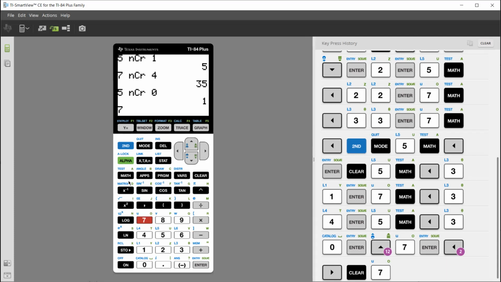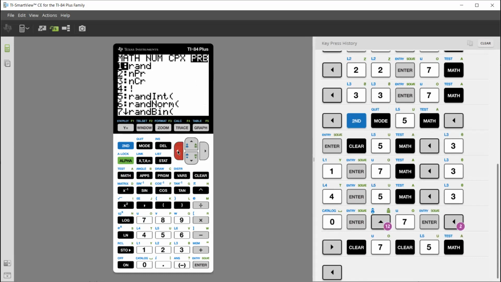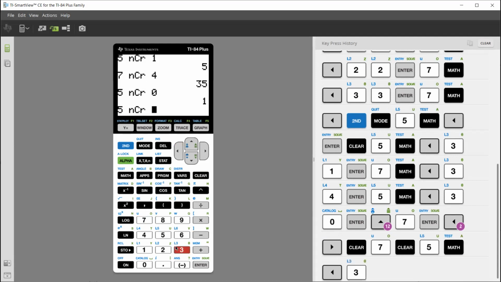Is that right? I'm doing it from memory, so let me make sure. Math, probability, and combination. So now we should match. This is equal to 10. So now we have this.